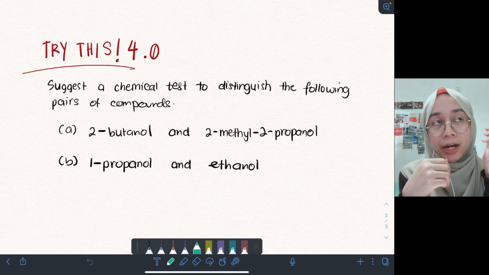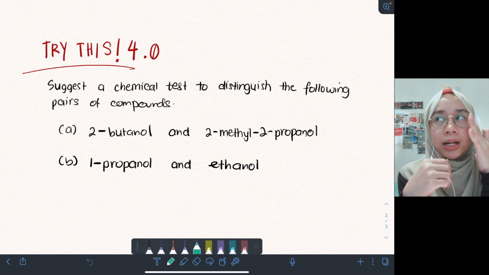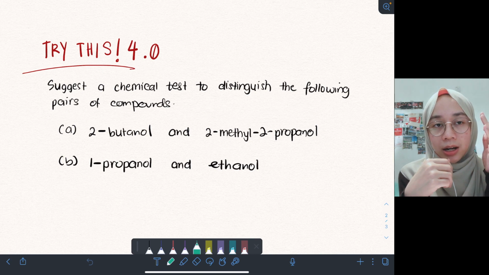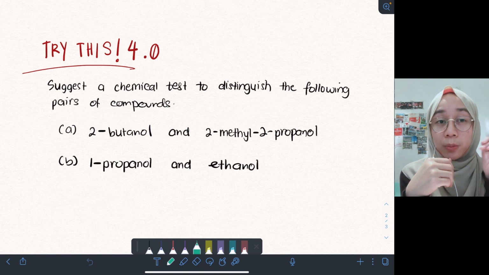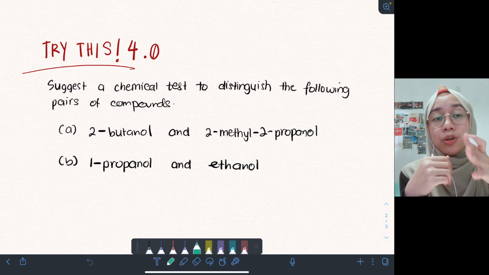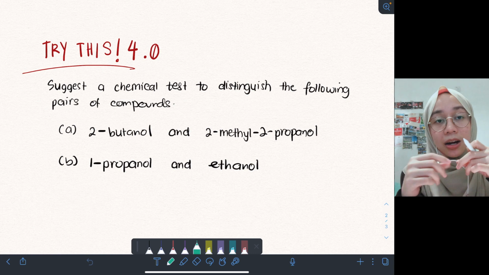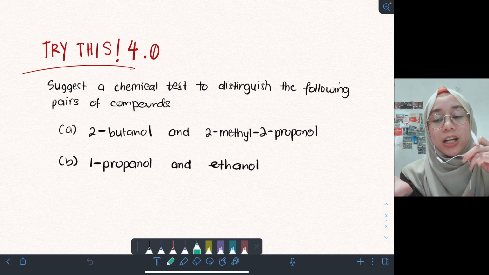So untuk iodoform pun, kalau kamu ada tertiary alcohol, it doesn't work with iodoform test sebenarnya. Okay, cuma primary and secondary saja. Mostly secondary alcohol yang akan react dengan iodoform test. Tapi itu pada syarat lah, secondary alcohol tu dia perlu ada methyl carbonyl group. Okay, so that's all class.